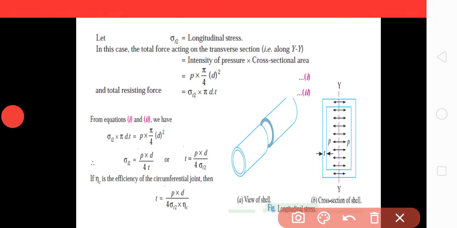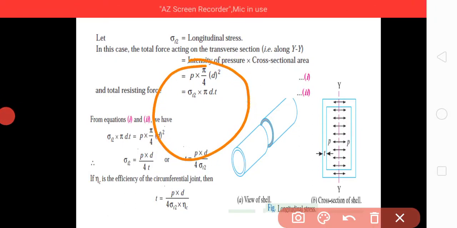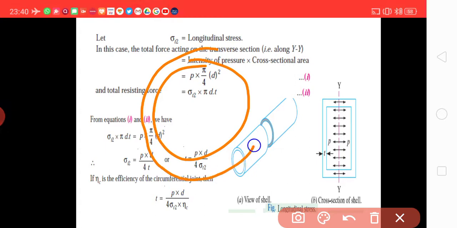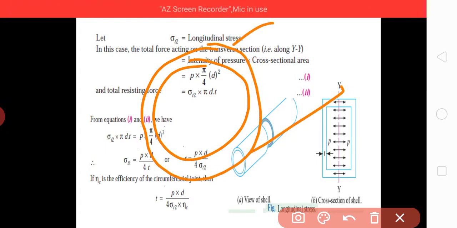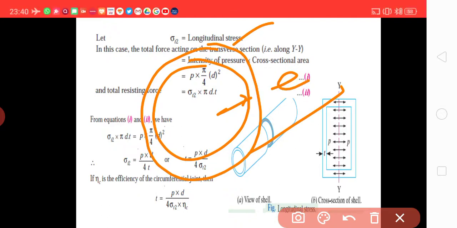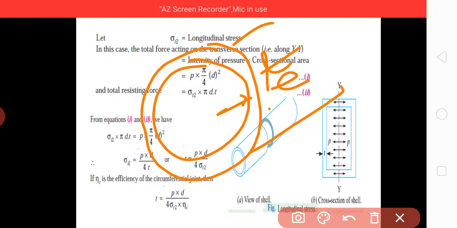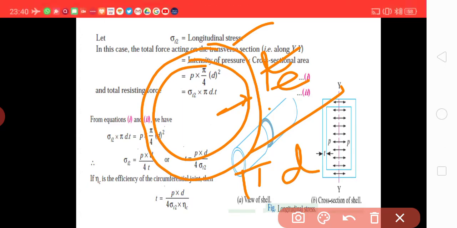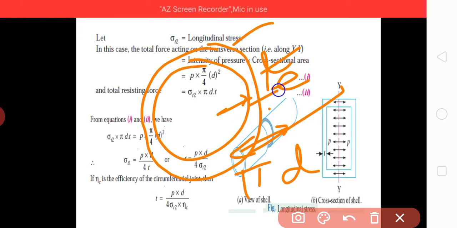Realize this, that this is the cross section, its thickness is t and its circumferential length will be pi d. Hence, here the stresses will be like this, here inside.